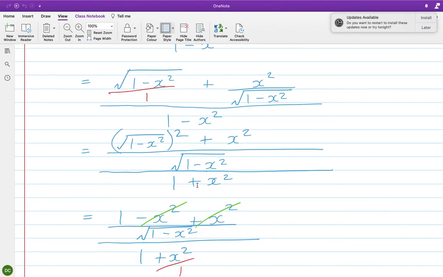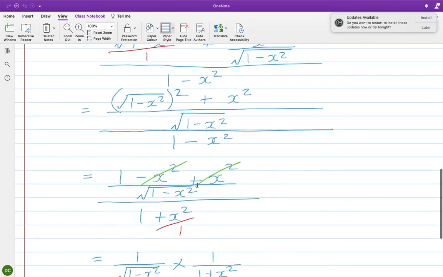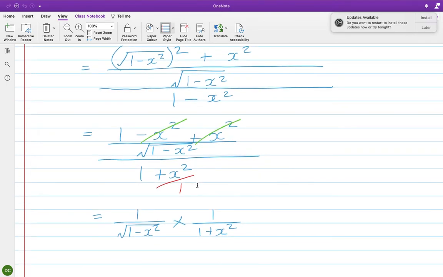So, stupid mistake, I'm going to fix it. Rubbing that out and changing it to a minus. And then here, it's a minus, and then here, it's a minus. So, now it's more doable.